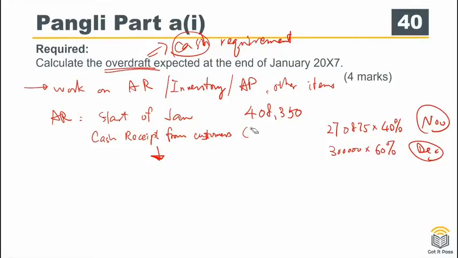It should be 108,350 for November sales settlement, and from December settlement it should be 180,000. And any new account receivables? Yes.